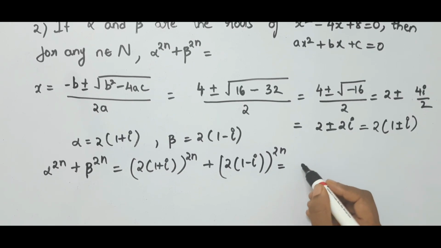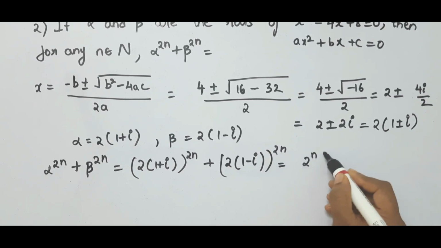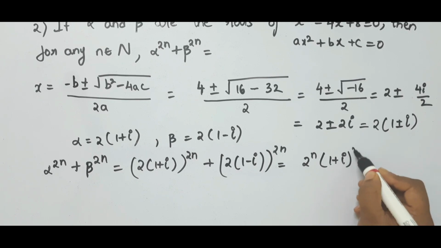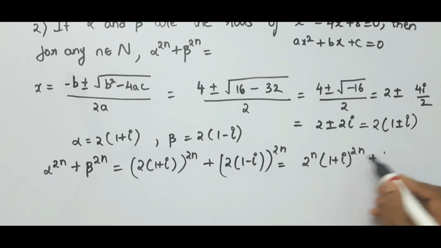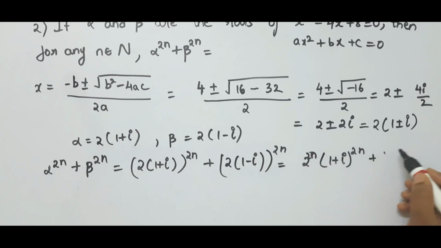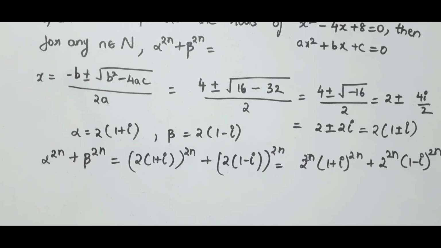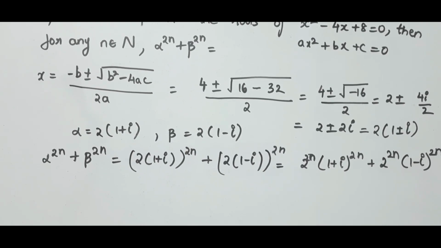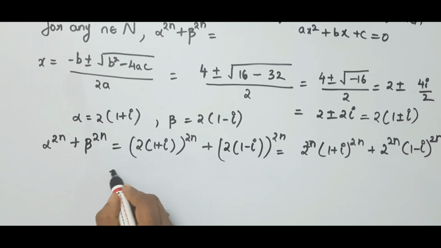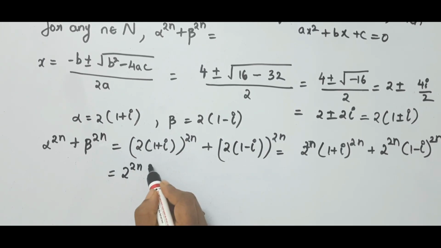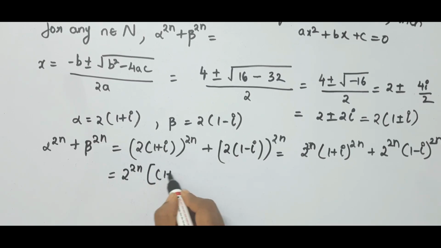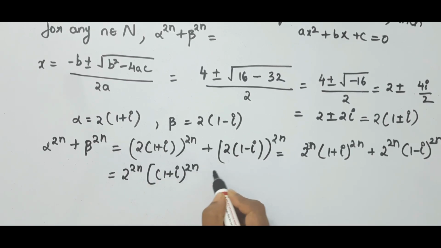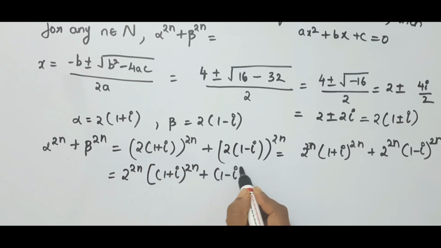So this is equal to 2 power 2n into 1 plus i whole power 2n plus 2 power 2n into 1 minus i whole power 2n. Now simply take 2 power 2n common. In both 2 power 2n is common, is it not? So just take it out. So this is equal to 2 power 2n into 1 plus i whole power 2n plus 1 minus i whole power 2n.